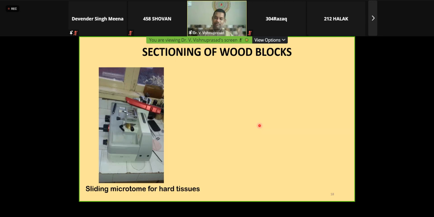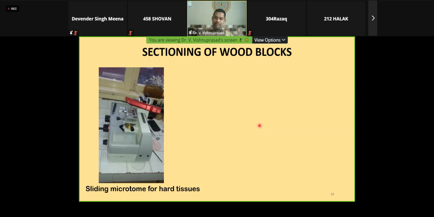You can take multiple sections one after the other. You place the knife, you place the sample, hold the knife from here, and slide it towards you. There will be a section on the knife. Take it back again towards the end. There is one more now. You just have to touch that so that the sample, if you are setting the thickness at 6 micron, because one section has already been taken, will come up by 6 micron so that you can take the next section.